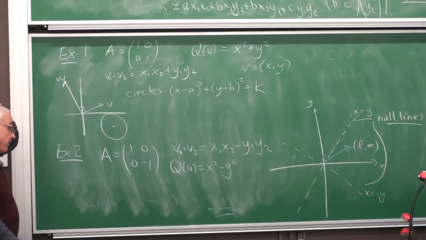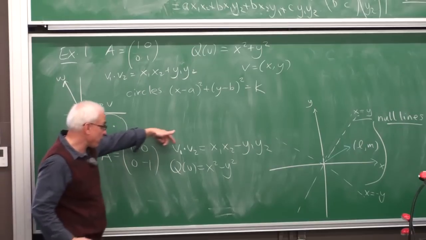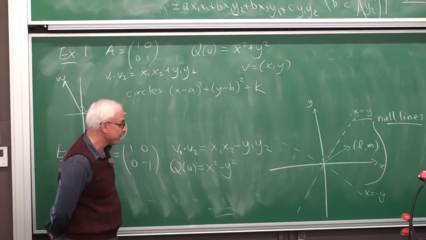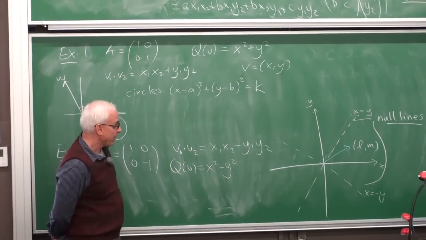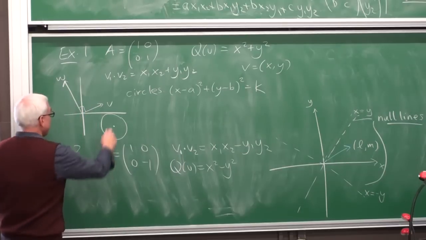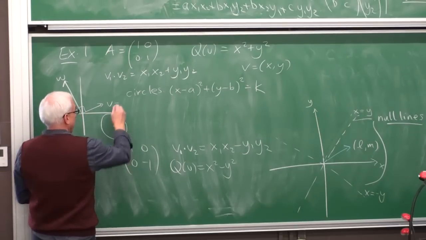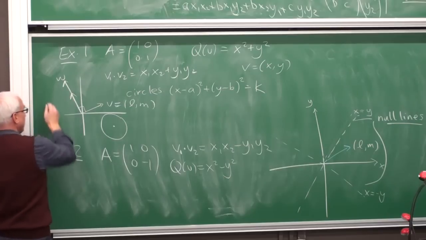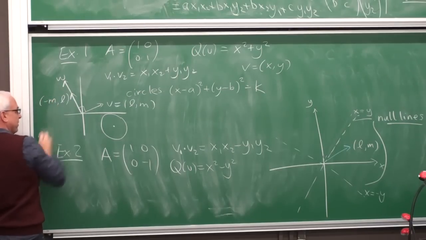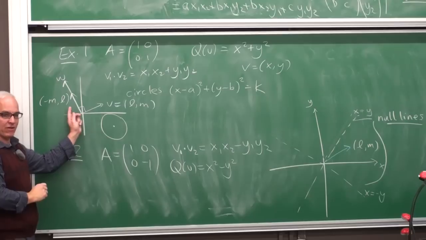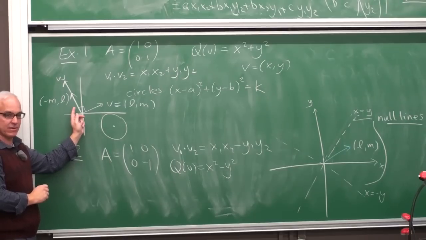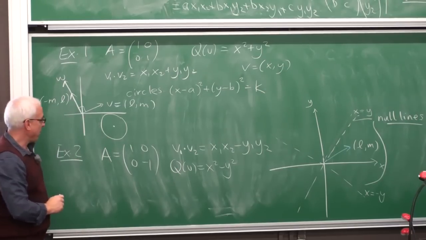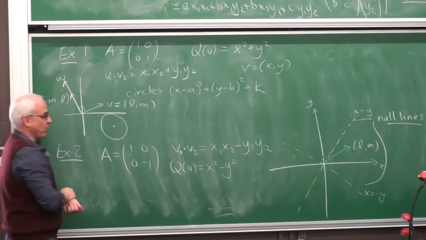Well, we'd have to find another vector so that the dot product would be 0. Over here, in the Euclidean case, if this was the vector (l, m), then to get a perpendicular vector, we could choose (minus m, l). All right? That's a perpendicular vector in the Euclidean case, because the dot product is 0.